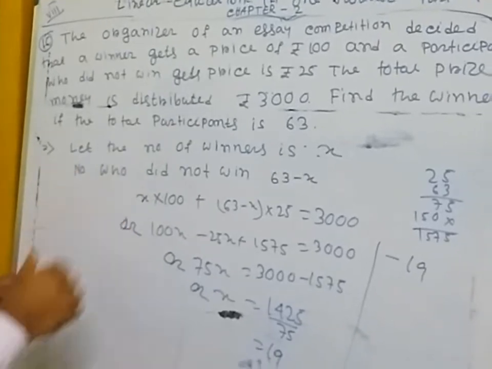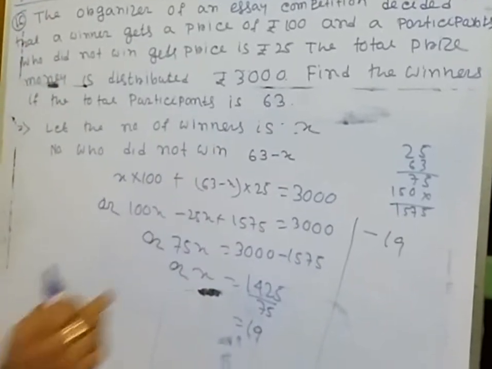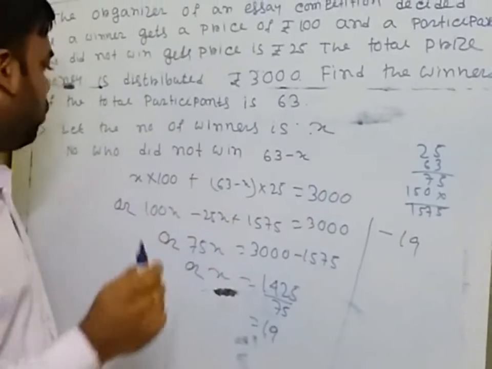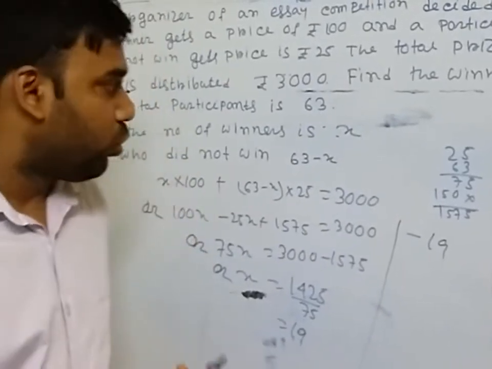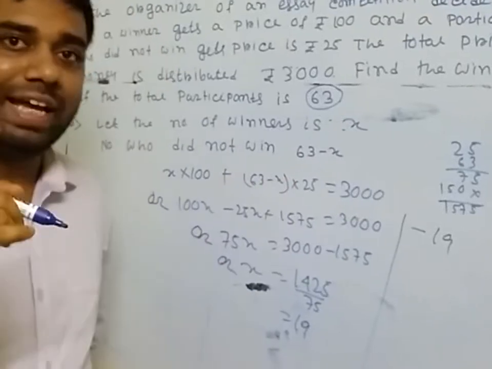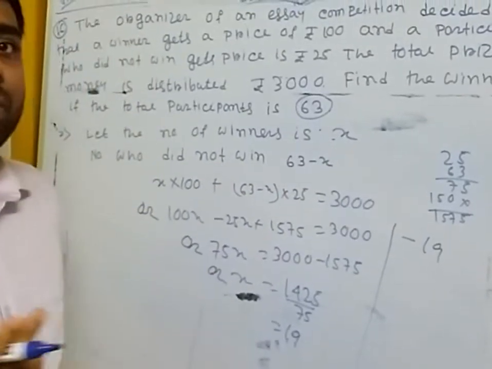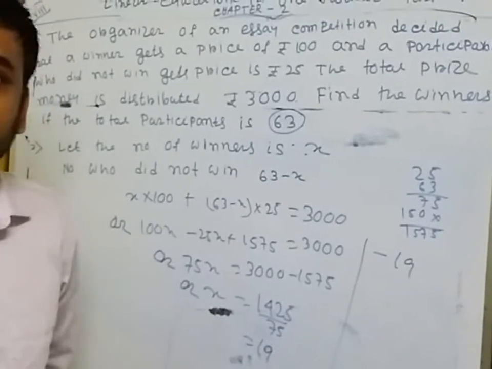I am taking the number of winners as x. The total number of participants is 63. If x persons win, then the number of participants who did not win is 63 minus x.